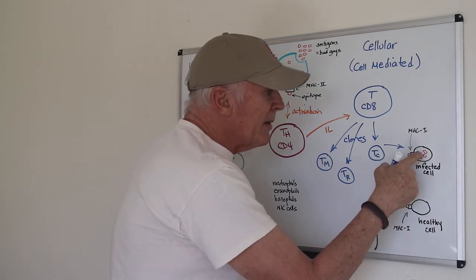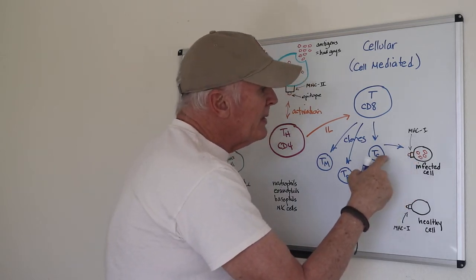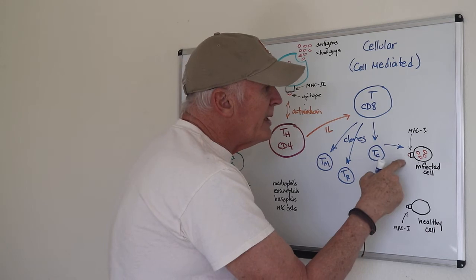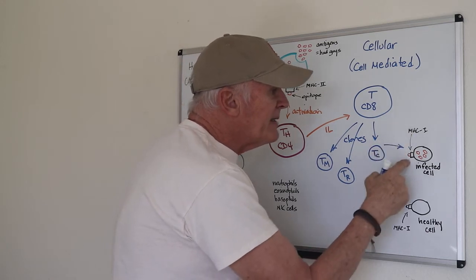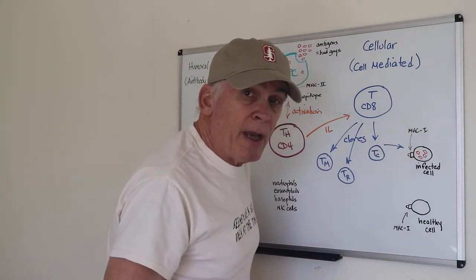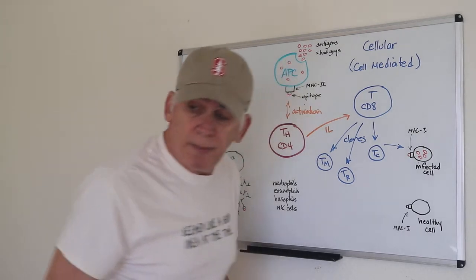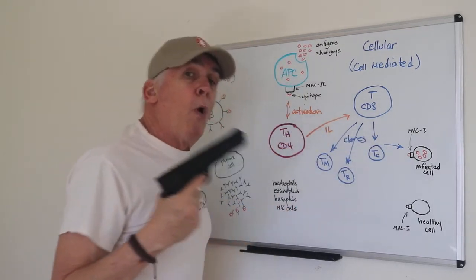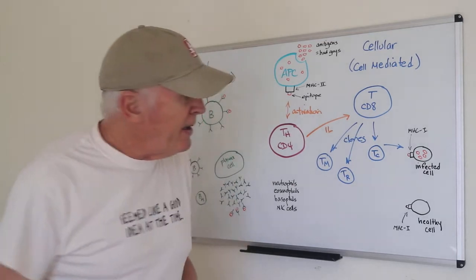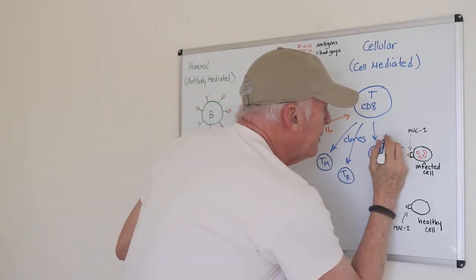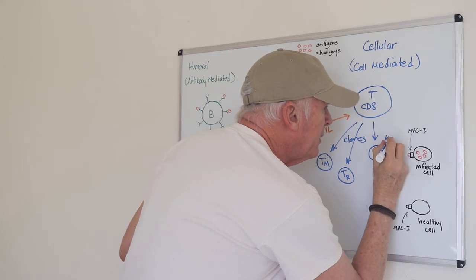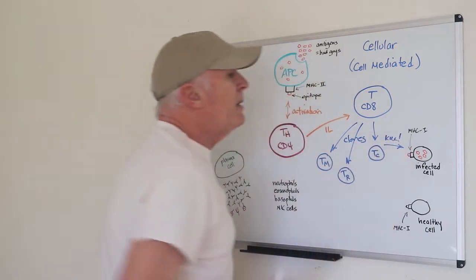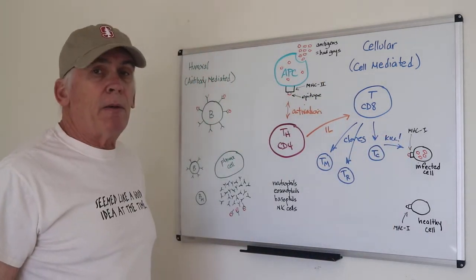Now notice this cell is infected, so when the cytotoxic T cell reads the MHC1 and sees the epitope of an antigen, what does it do? Kill. Kill. Kill. It's going to kill that cell.